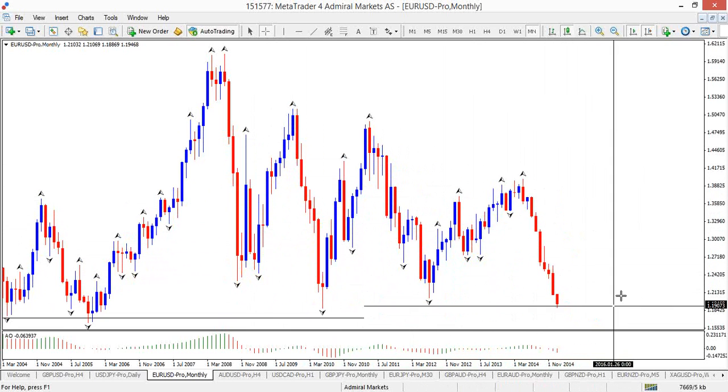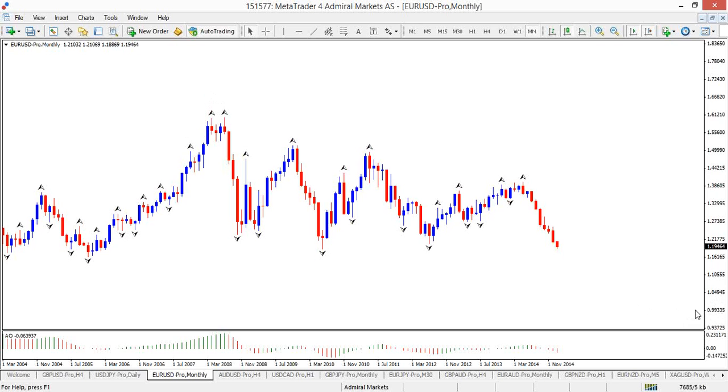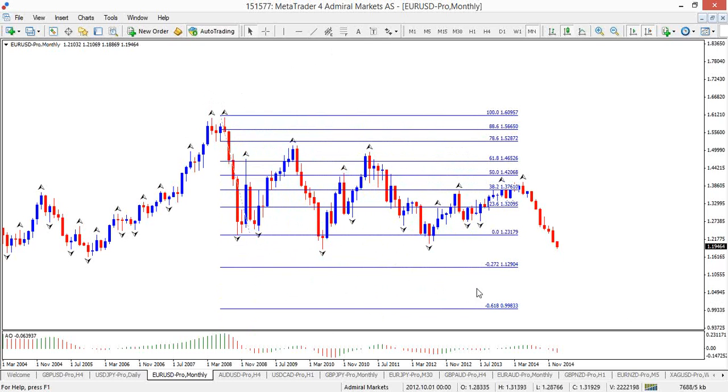This is a very bearish candle, so it should continue lower. 115 and 113 are natural targets for this euro dollar in the long term, perhaps even parity. Why? Because if we put a fib from here to here, those are the targets, 113 and parity.